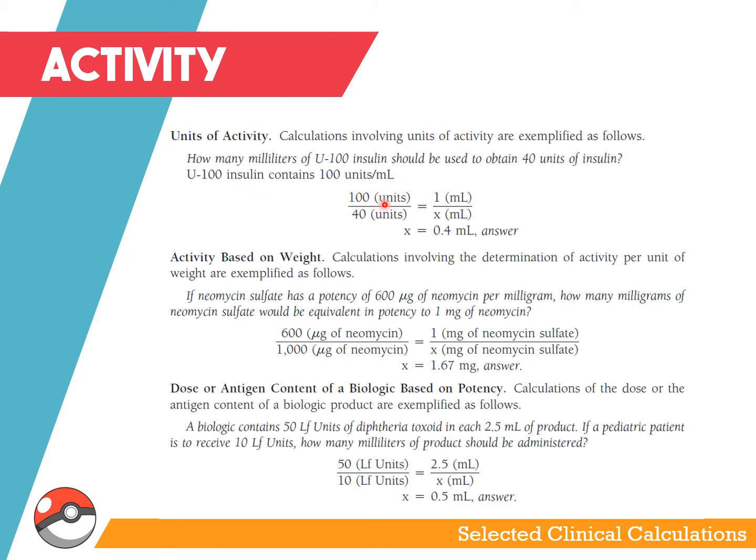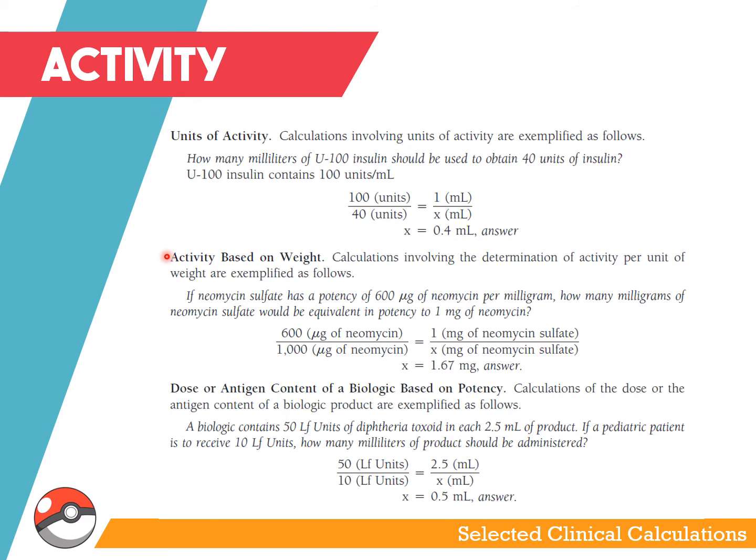So since there is 100 units per 1 ml, we will now find the amount of milliliters that contains 40 units. So we should write the equation as follows. So we will arrive with 0.4 ml as the answer.